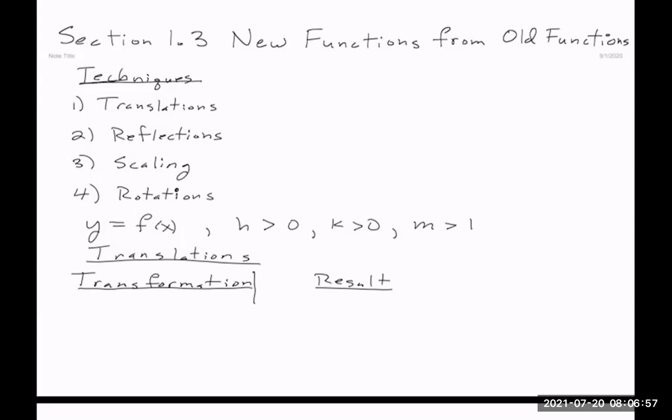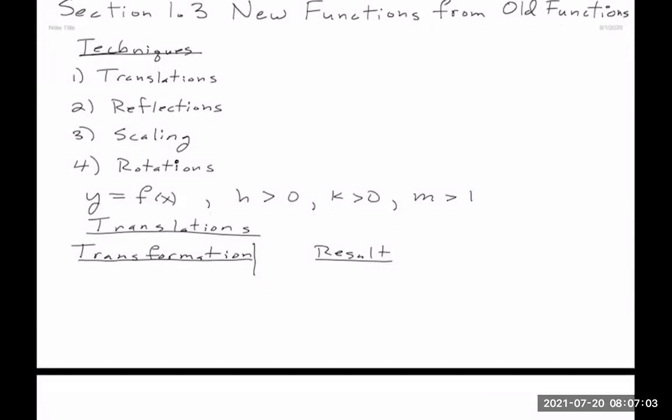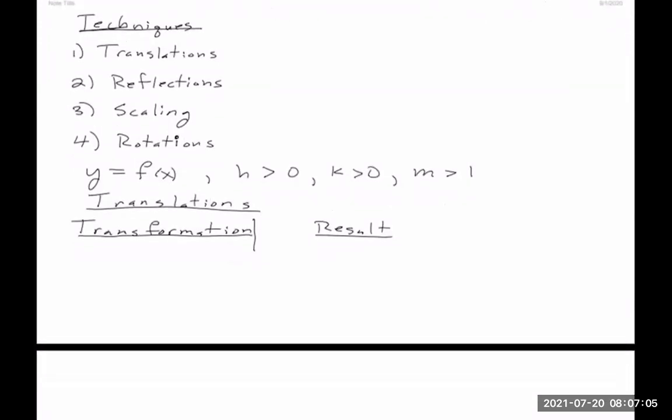The first 4 are translations, moving in a rigid motion right, left, up, down. Reflections, where I look in a mirror at the object and reflect about, in this case, maybe the x-axis or y-axis.